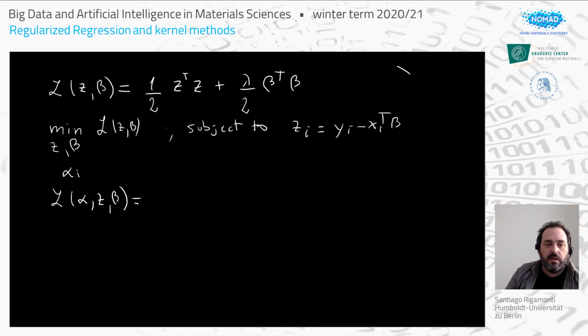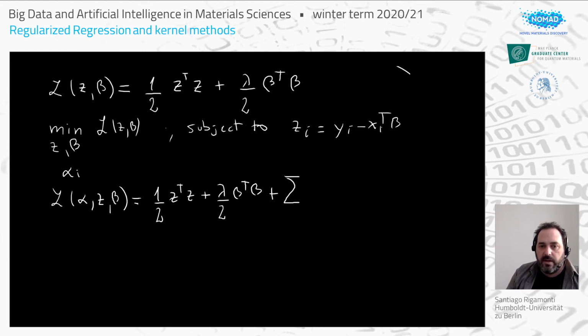This will be equal to 1 over 2 zeta transpose zeta plus lambda over 2 beta transpose beta. Now we apply the constraint in the Lagrangian, we account for that constraint.